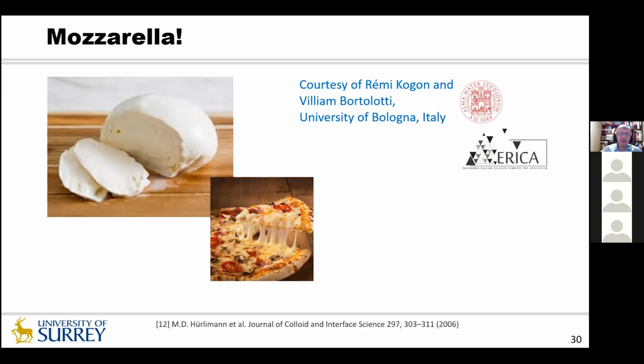Cement-based materials are the second most consumed materials by humans. The first, of course, is water, but the third must be pizza, because it's given them the authority to undertake their fast food cycling, fast food cycling measurements of mozzarella cheese. If you look at the nanostructure of mozzarella cheese, it looks exactly like this, apparently.